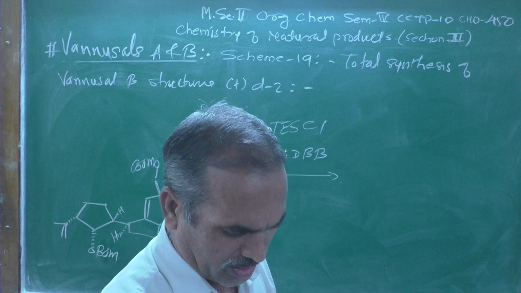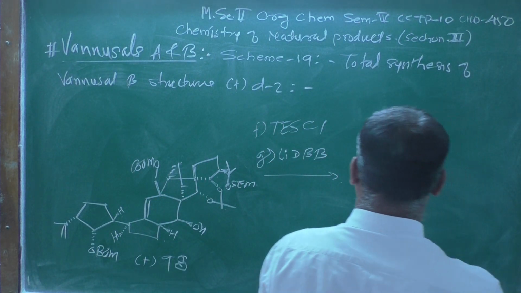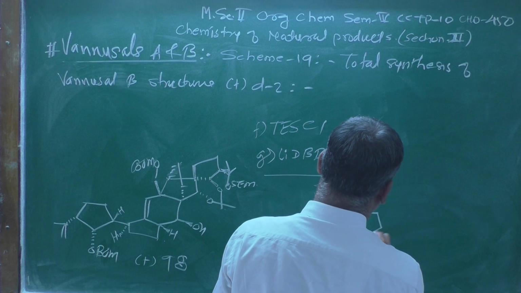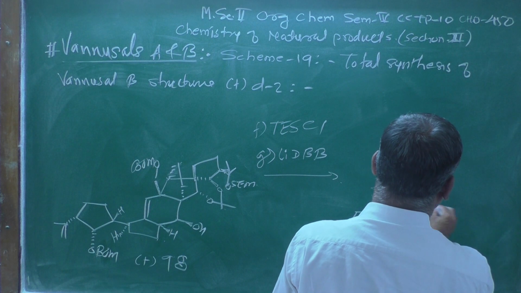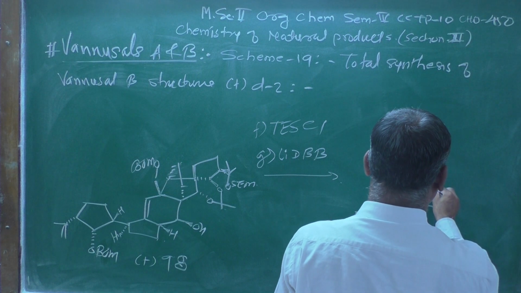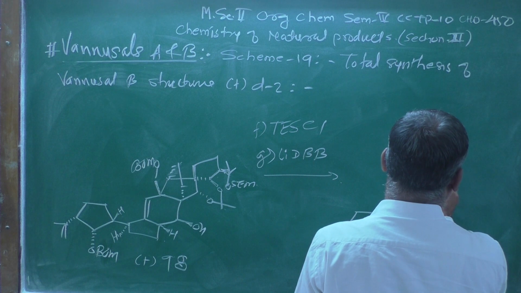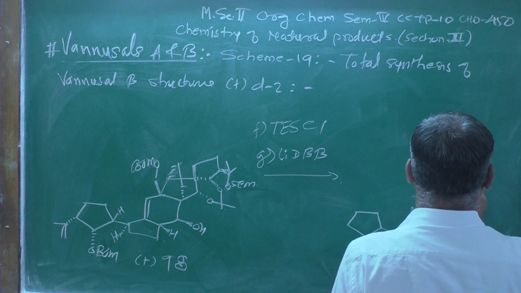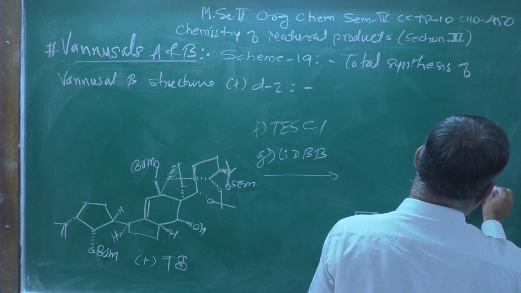You are going to get the structure like this. The structure you are going to get over here is a 5-membered ring connected with another 5-membered ring, immediately followed by a 6-membered ring. Then there will be a 5-membered ring, and then another 5-membered ring, and this is one more spiro type of structure, which is also a 5-membered ring.